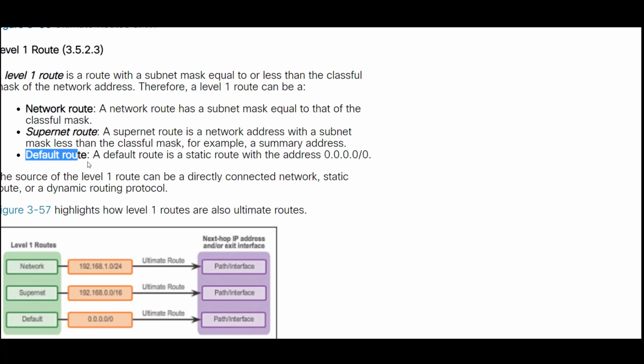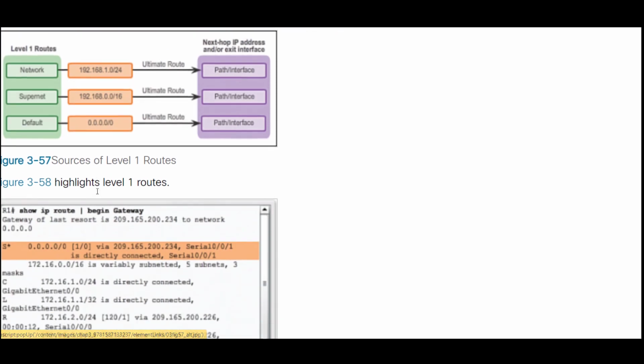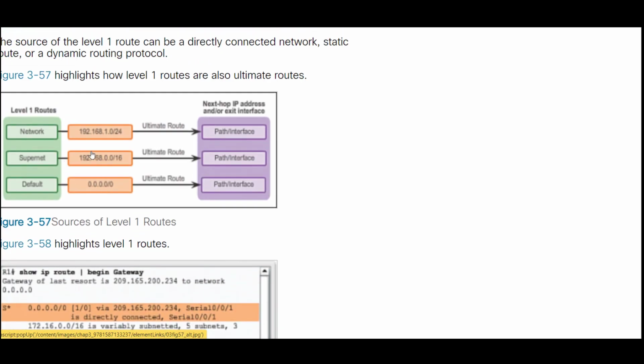Okay, what does that mean? You can see in this example. What is level 1? I'm having 192.168.1.0/24. Okay, listen carefully. 192.168, 192 means it is class C. For class C, I'm having 24. This is a class C IP address, subnet mask is 24.